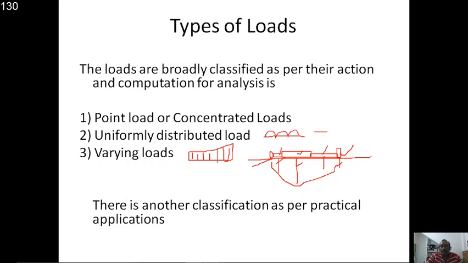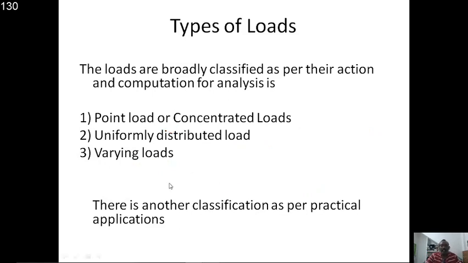It can be represented like this also, with the same distance maintained. If we are representing the equal amount, then it is a UDL, right? These two cases are UDL. If it is varying, then this is the case, that is a varying load. These are also distributed loads, but they are varying.